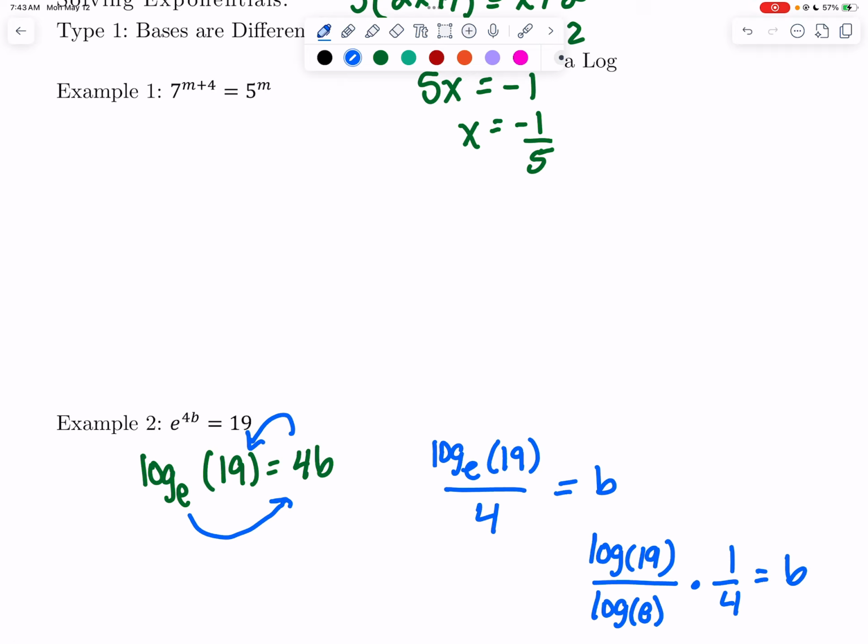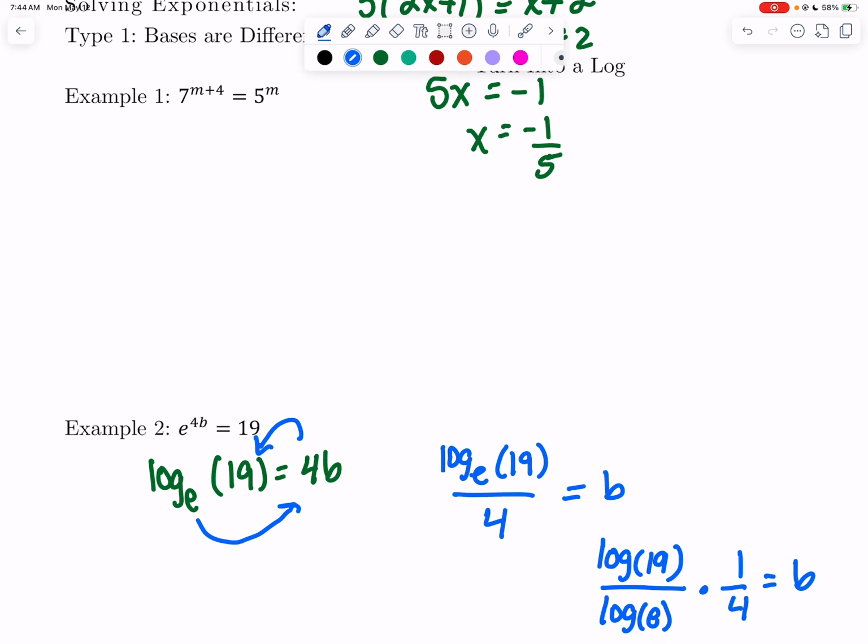All right, and then for the last one, this example right here, I don't think it will be tested. Maybe not. But this one is a more difficult problem because you have 2 bases that are different. But essentially, we're using the same strategy that we did with number 2, where we're converting this into a log.